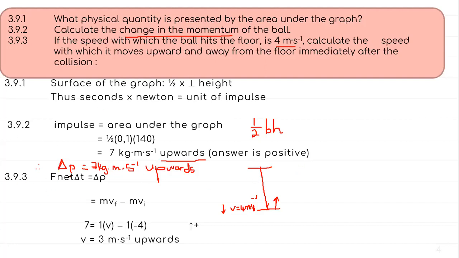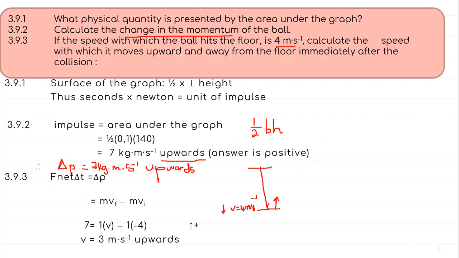We'll still use that formula for impulse: F net delta t is equal to delta p. From 3.9.2, we have already calculated that impulse, so we won't need to calculate it again. Then we know that the change in momentum is m v f minus m v i.